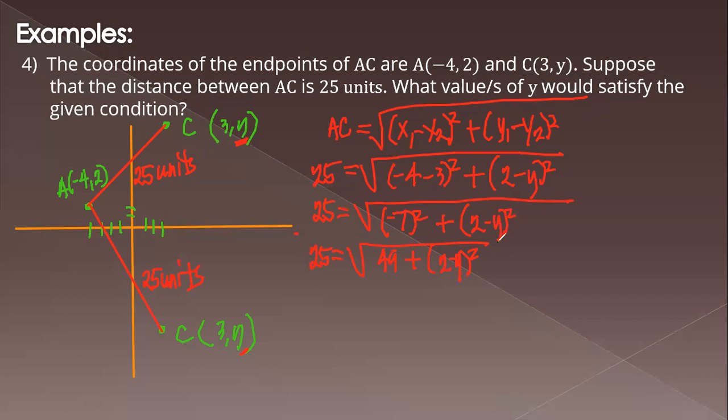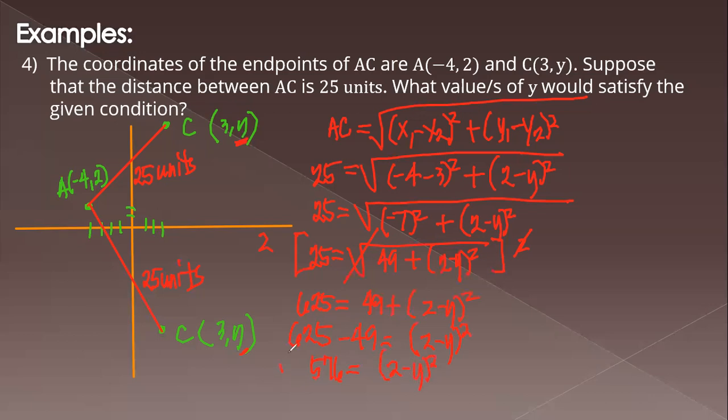Okay, squaring both sides to eliminate our radical sign. So we have 25 squared is 625, which is equal to, okay, eliminate na natin to, 49 plus 2 minus y squared. Okay, transpose natin yung 49. So we have 625 minus 49 is equal to 2 minus y squared. 625 minus 49 is 576, is equal to 2 minus y squared.